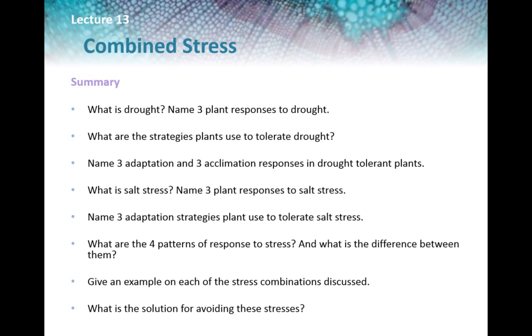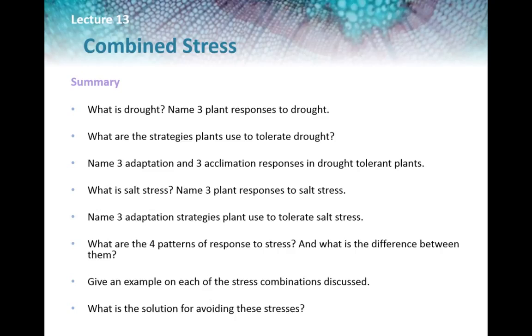And now let's have a final look at what you should have learned in this module. You should know the answers to the following. What is drought? And name 3 plant responses to drought. What are the strategies plants use to tolerate drought? Name 3 adaptation and 3 acclimation responses in drought-tolerant plants. What is salt stress?